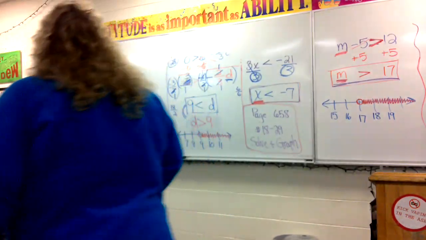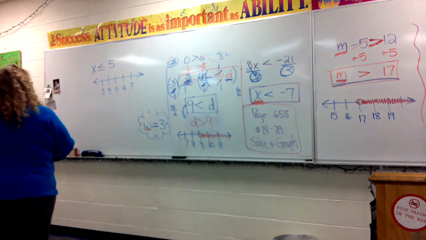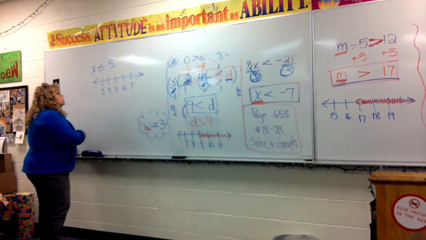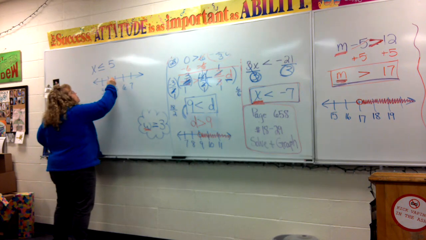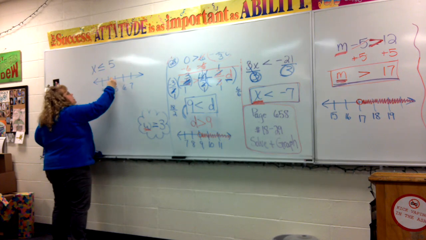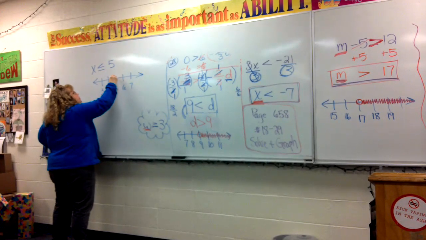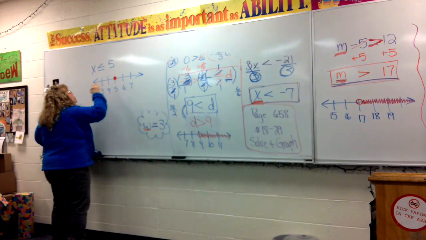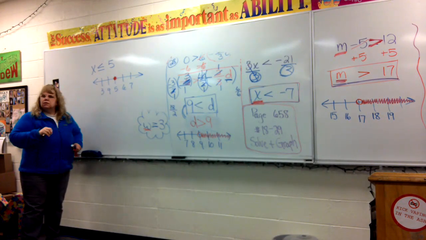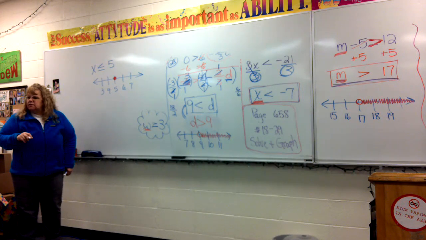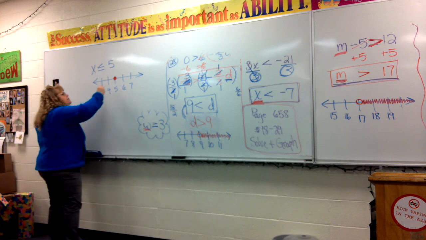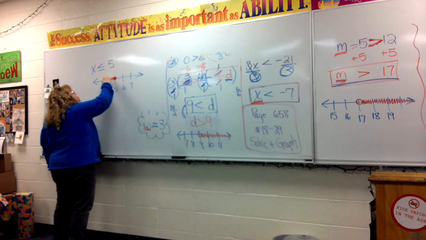Color in? Yes. Because it's got the equals, I'm going to color it in. And then which way? I've got x less than, so to the left. Those are the values that are smaller.